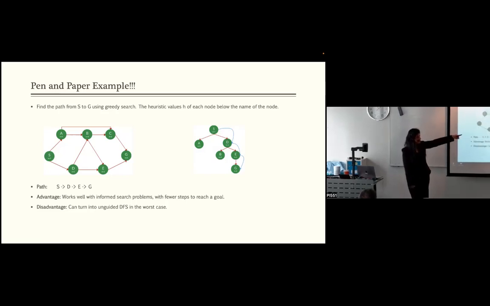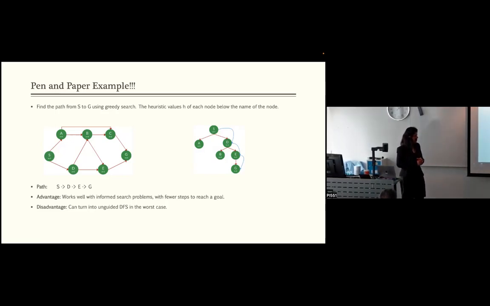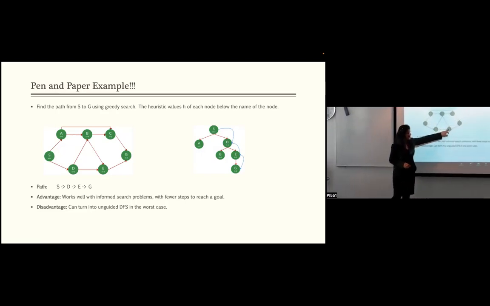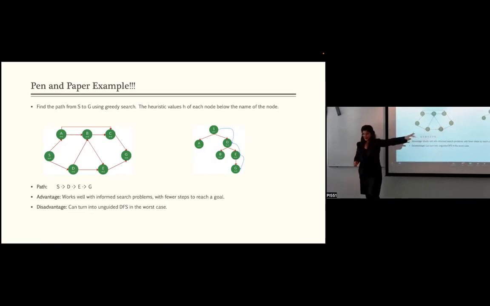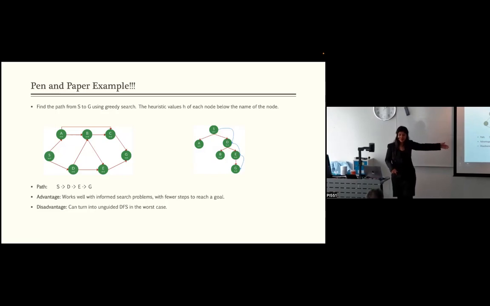As you can see in the tree structure, it is similar to DFS, where we are constantly going down and looking for the children of each. So this can turn into DFS if it is not well guided with directions. We have the directions, but if we do not have any directions, it can turn into DFS.